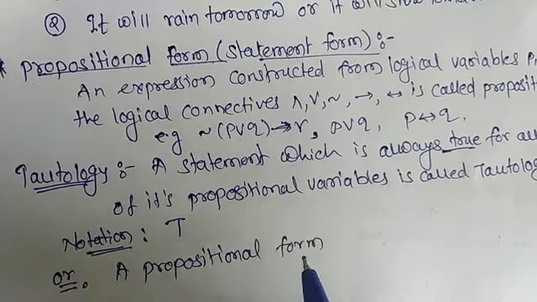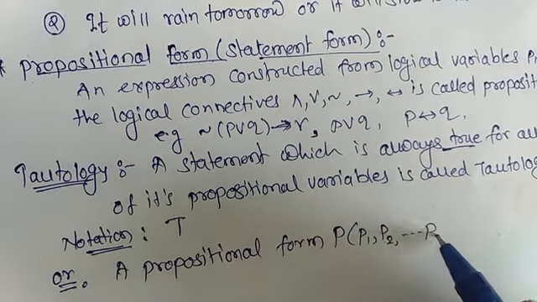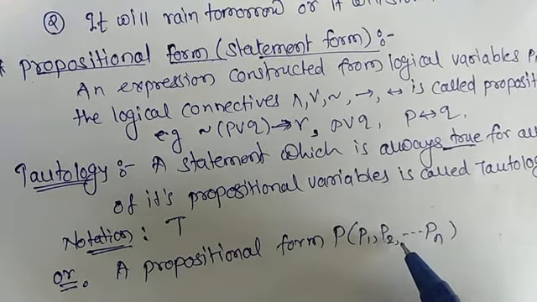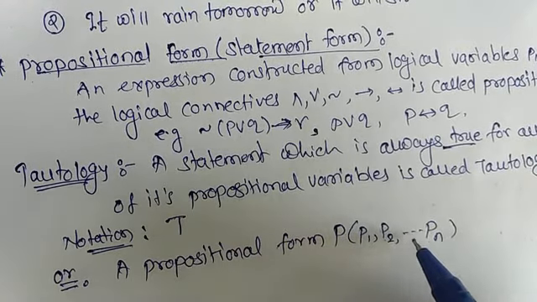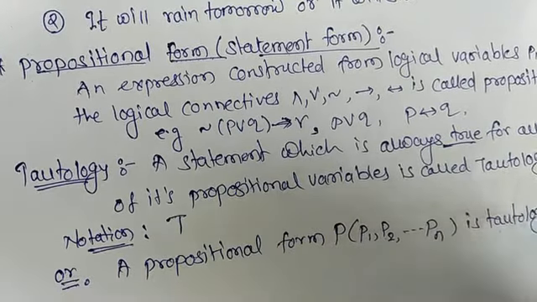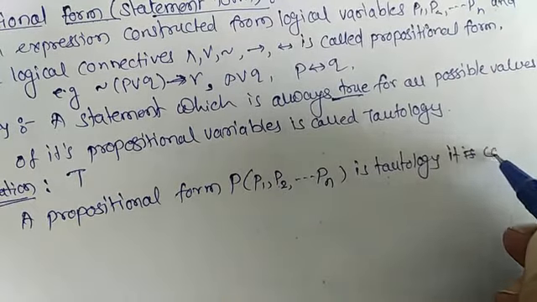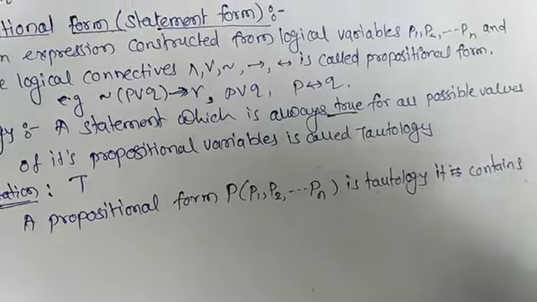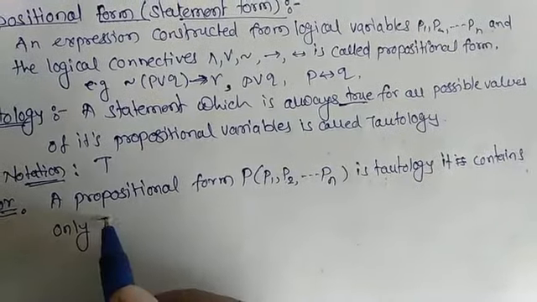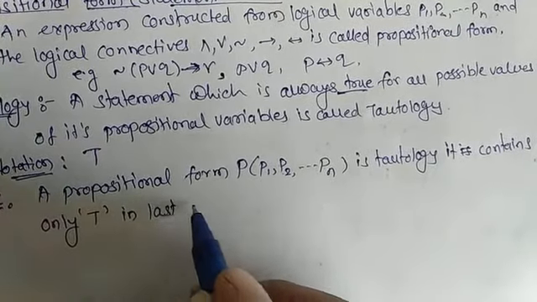A propositional form capital P(P1, P2, up to Pn), where P1, P2 up to Pn is the notation of a propositional form, is a tautology if it contains only capital T in the last column of the truth table.